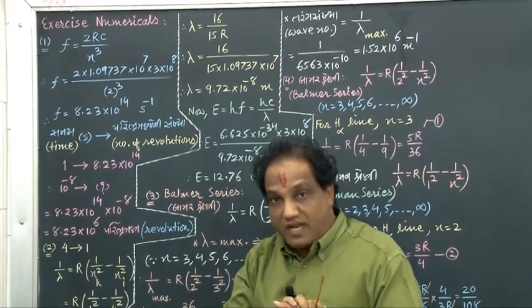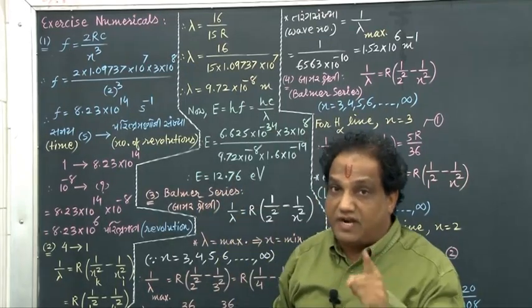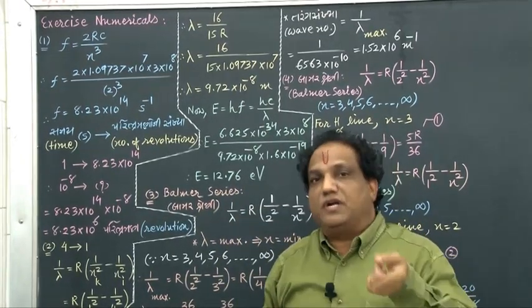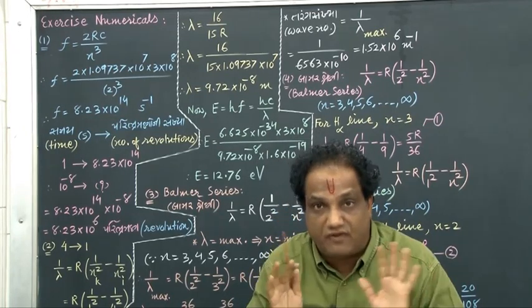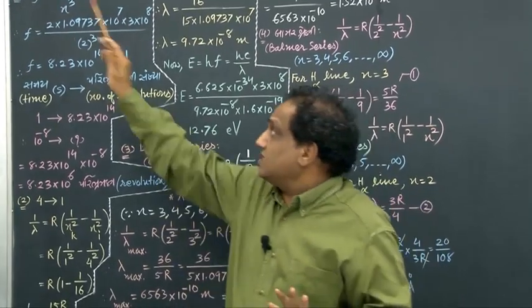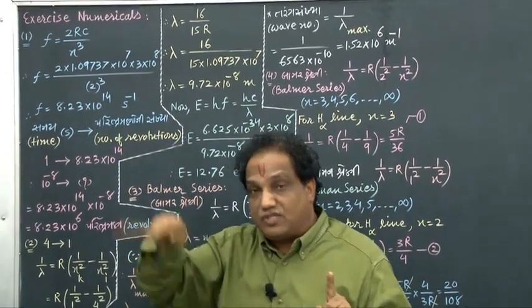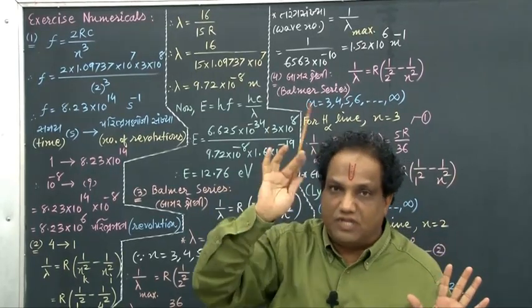If the value of n is very large, then this also becomes the frequency of radiation emitted during transition of electron from n plus 1 to nth orbit. If the n value is not very large, then also this expression gives you the frequency of revolution of electron when orbiting around the nucleus.